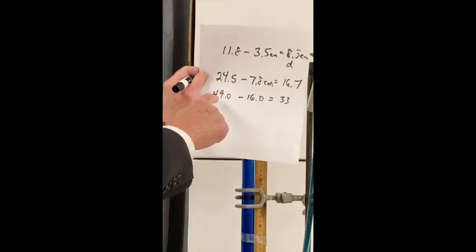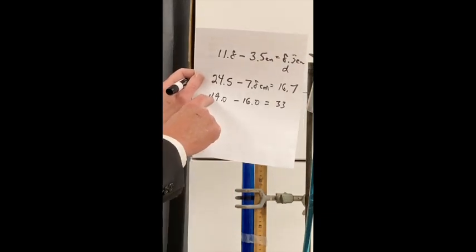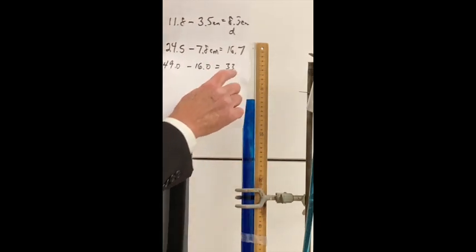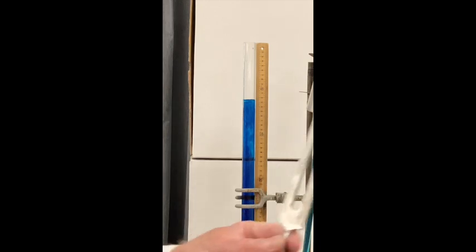So for the 512, we have 49 centimeters for the lower one, 16 centimeters, and so the difference is 33.0 centimeters. That's for the 512. And then finally, we'll do it for the 480. And the 480 is slightly bigger than the 512. And so we'll look at that one.